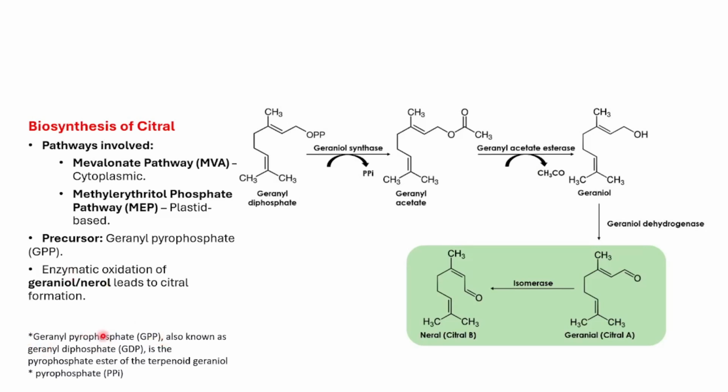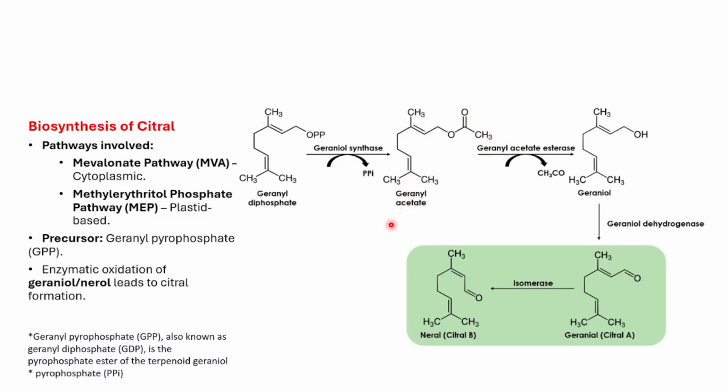Geranyl pyrophosphate, also known as geranyl diphosphate, is the pyrophosphate ester of the terpenoid geraniol. Here you can see the geranyl diphosphate, also called pyrophosphate. When treated with geraniol synthase, after the removal of PPi, which stands for pyrophosphate, we will get a compound with an acetate substitution.